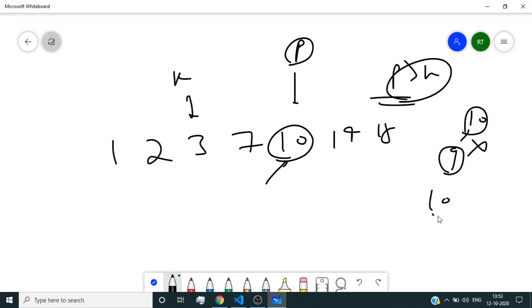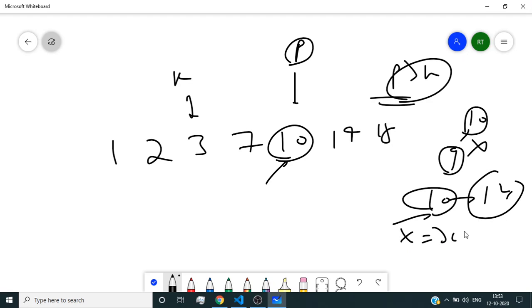We can make this 10 to 12 to 15. Basically we could make this 10 if our x is greater than 10, it would be possible, but if our x is less than 10, it would not be possible. You can basically check it out with the similar approach which I had discussed earlier.